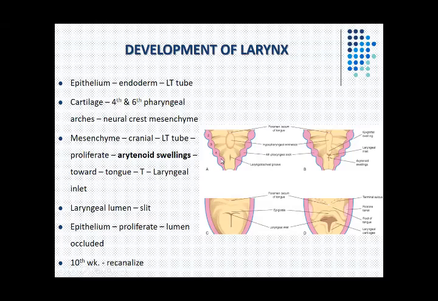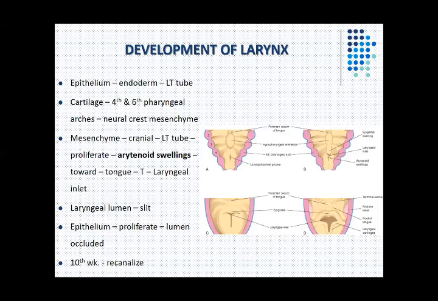Fifth arch भी होती है, but वो rudimentary होती है, not well developed, and it disappears most of the time. So you have a fourth arch, you have a sixth arch. This mesenchyme of the fourth and sixth arch gives rise to the cartilages of the larynx.